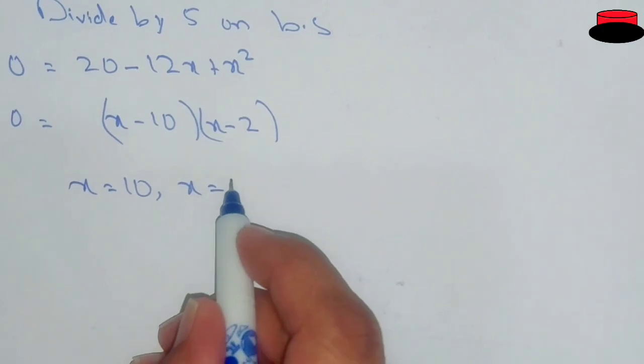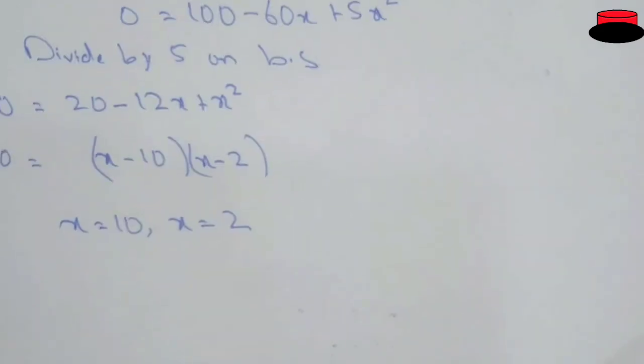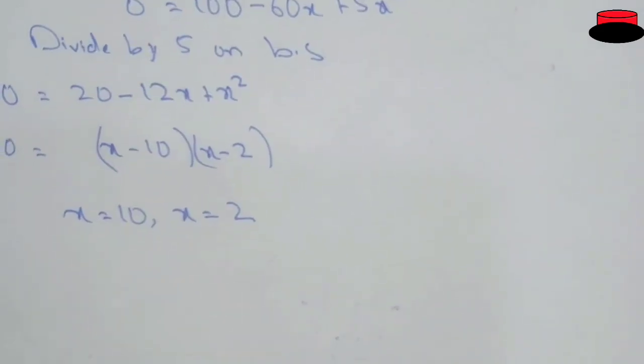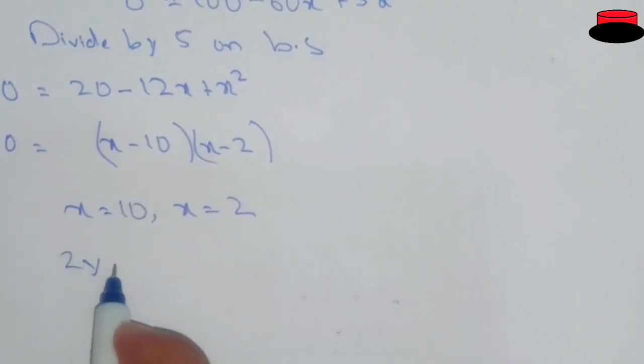So one value of x will be 10, another will be x equal to 2. So the summation of the two values of y plus one value of x should be equal to 10, because above we have 5 plus 5 equal to 10. So let's find out the value of y and x to clarify that it is equal to 10.